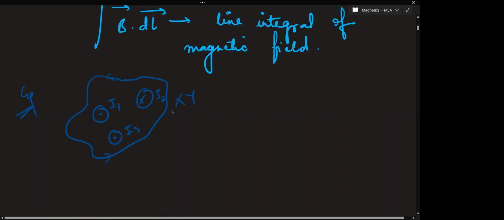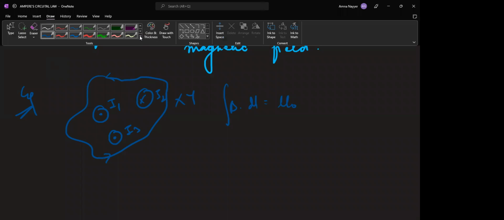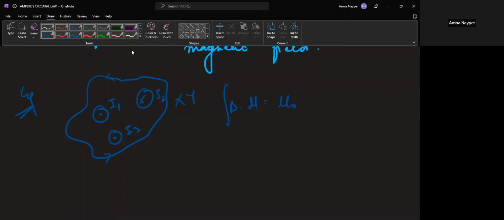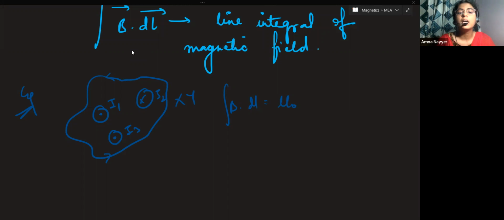We are asked to calculate this line integral of magnetic field. So it will be mu naught times the current enclosed. What is the current enclosed in this case? Two currents are in the same direction, one is in the opposite direction.